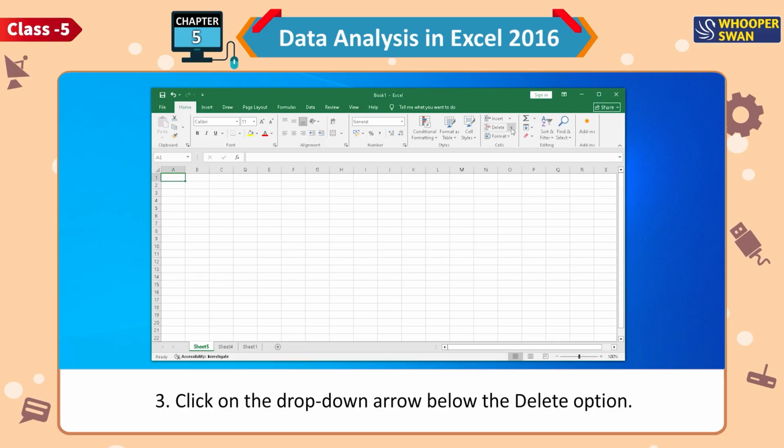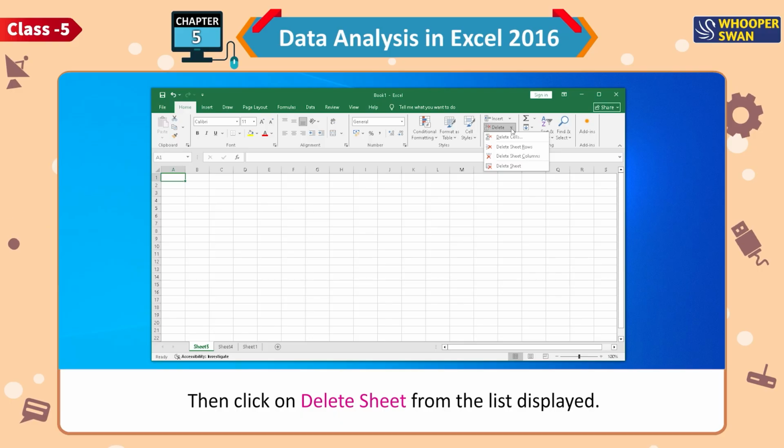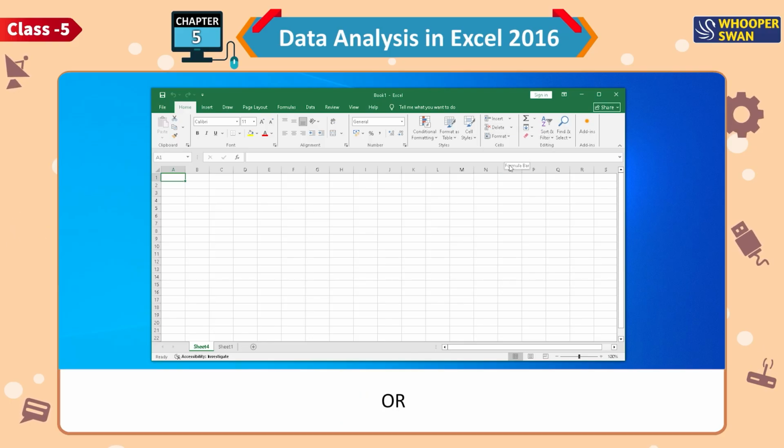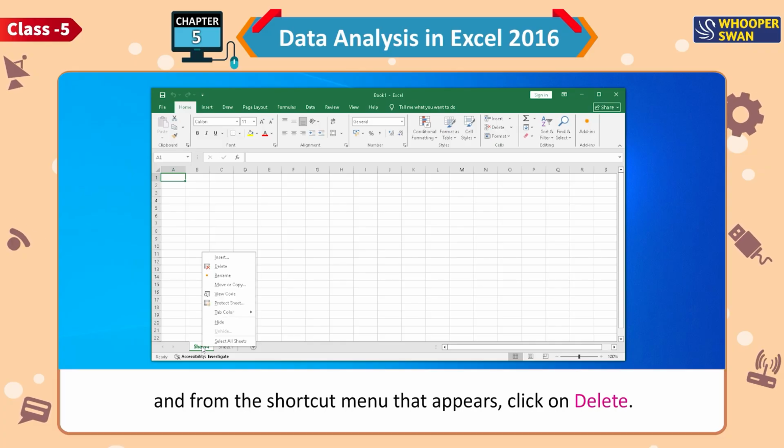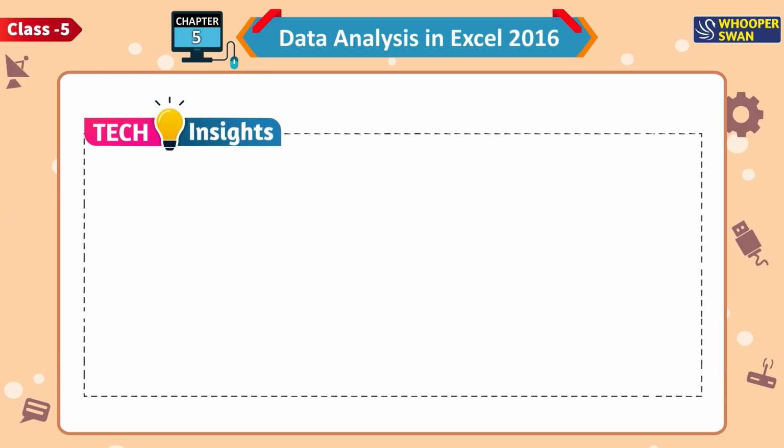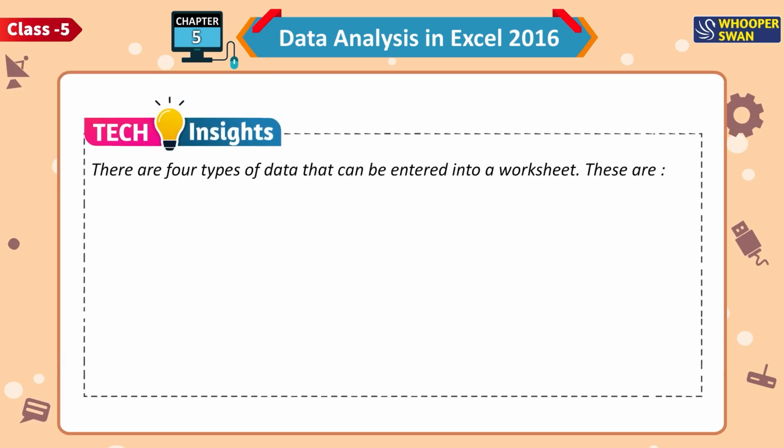Click on the drop-down arrow below the Delete option. Then click on Delete Sheet from the list displayed. Or, right-click on the sheet to delete on the Sheet tab and from the shortcut menu that appears, click on Delete.